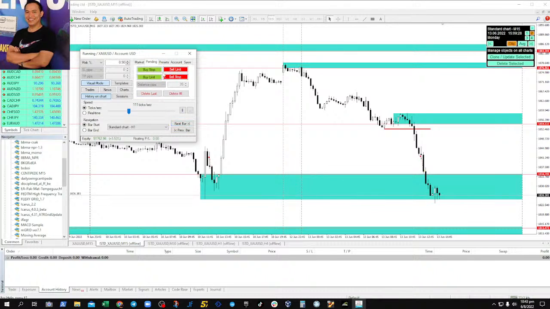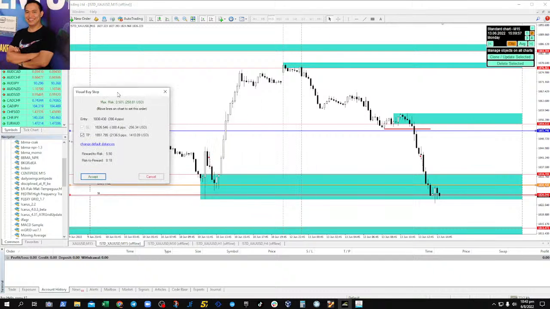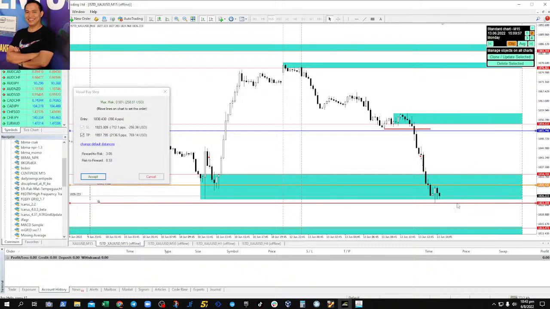I can start by putting a buy stop here, and I want it to probably hit here before this level, and put my stop below the candle. That will be, wow, that is huge. That is like 70 pips, man.